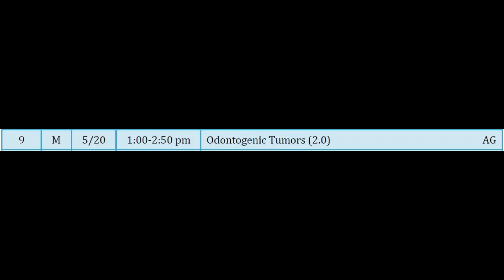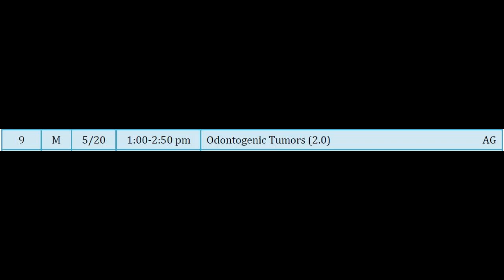Conventional is the most common, and that's the one that presents as a multilocular radiolucency in the posterior mandible. That's its most classic presentation. Whenever you see a multilocular radiolucency in a posterior mandible, please include conventional ameloblastoma in your differential diagnosis. Unicystic ameloblastoma typically presents as a unilocular radiolucency.